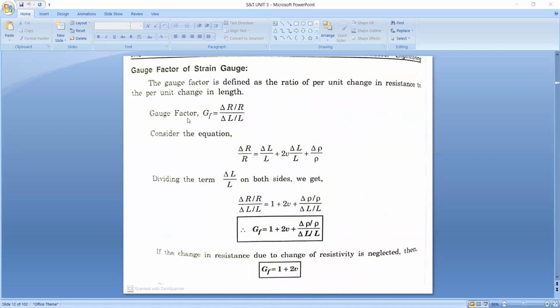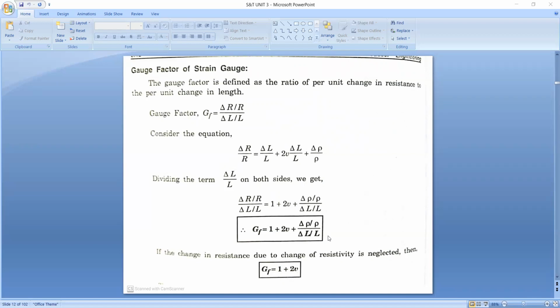The definition of gauge factor is the ratio of per unit change in resistance to the per unit change in length. So, we have this previous expression. Divide the terms by delta L by L to get delta R by R divided by delta L by L is equal to 1 plus 2v plus delta rho by rho divided by delta L by L. Considering that delta rho by rho divided by delta L by L is very small, neglecting it, you get the expression for gauge factor as 1 plus 2v.